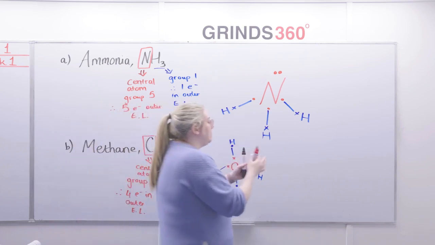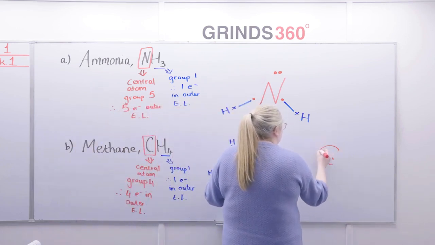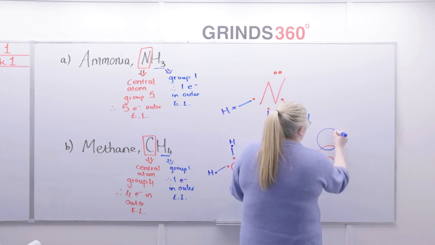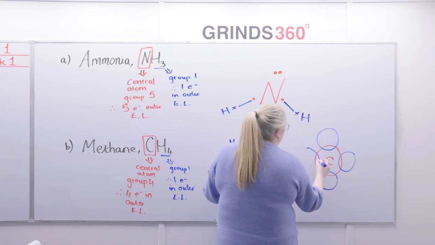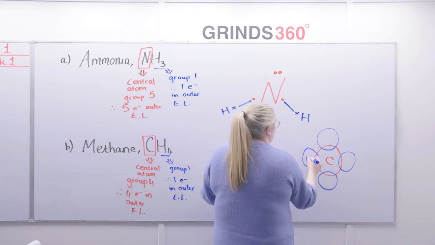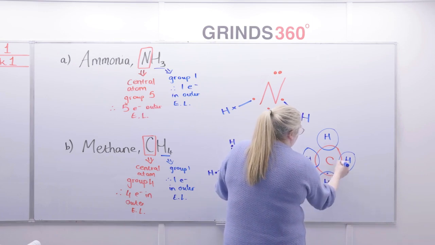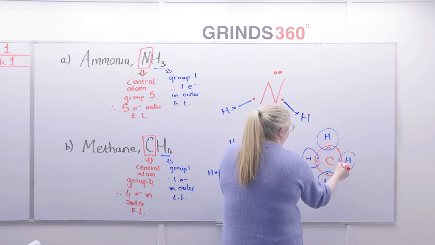Now, just in case, because some of you definitely will have drawn the Venn diagram for this one, you have carbon, then you have 4 hydrogens, 1, 2, 3, 4, then you have your electrons in the overlap space between them.